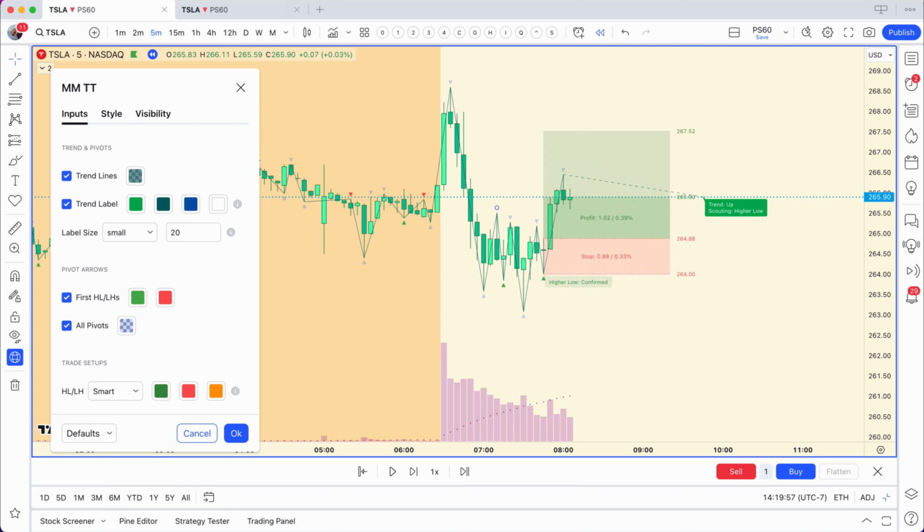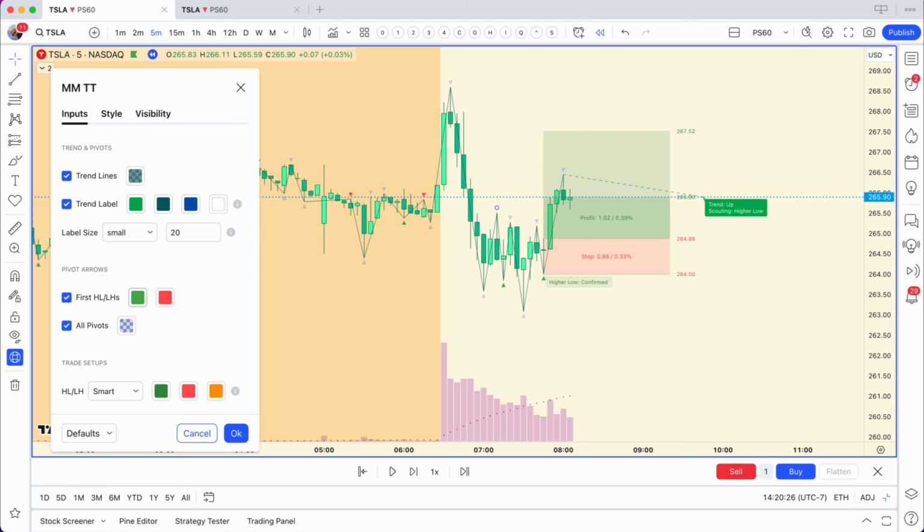For all of the other things you see here, so pivot arrows are these triangles that appear above and below the pivots. And the all pivots color is if it's not a pivot of relevance, like if it's a pivot within a trend, but it's not a high or low or a low or high, it gets that treatment. If it is a higher low or a lower high, it'll show you.